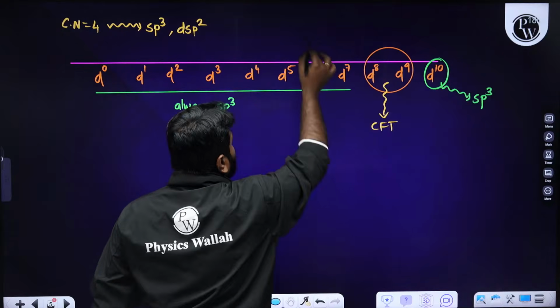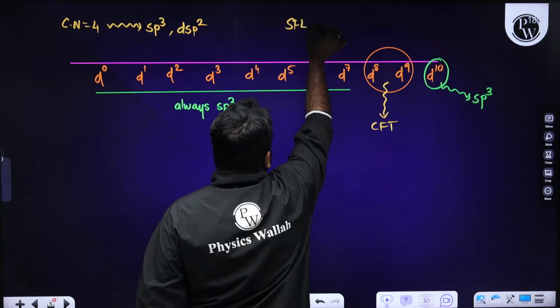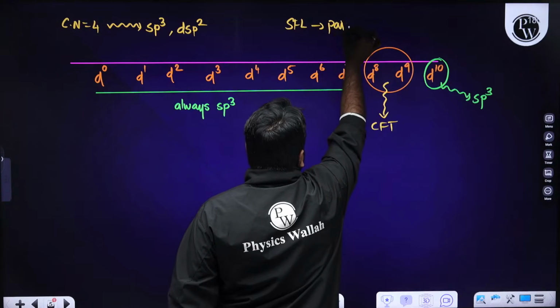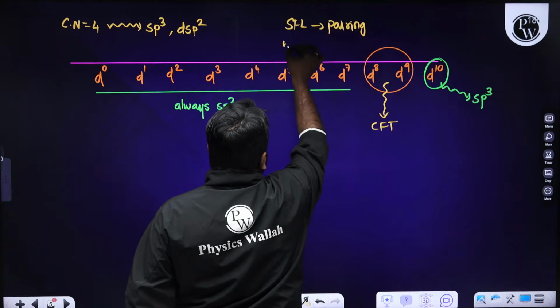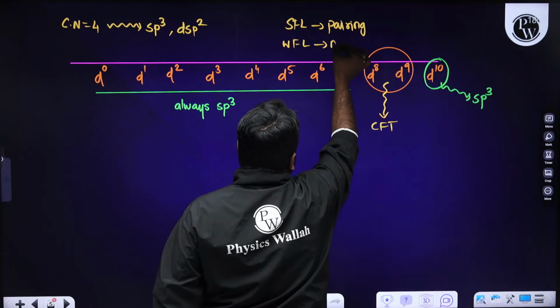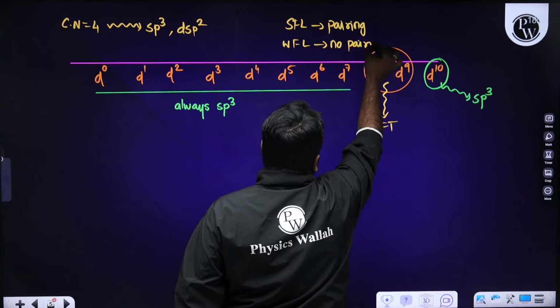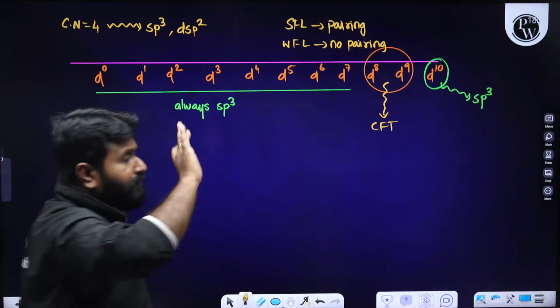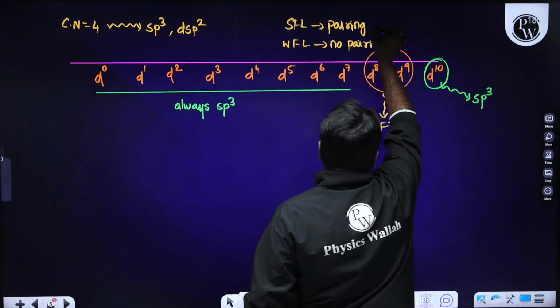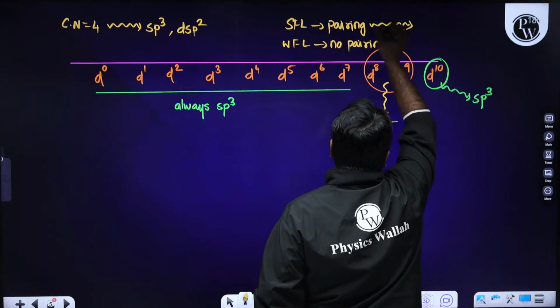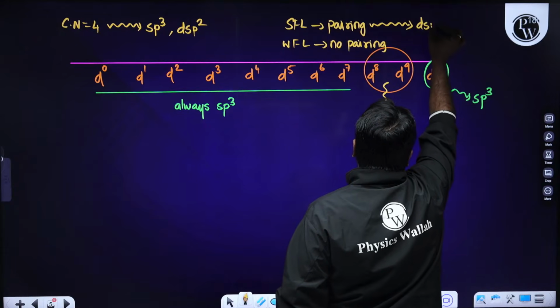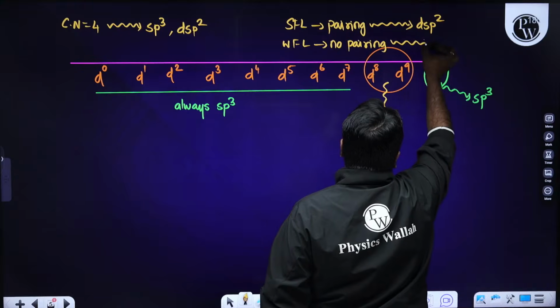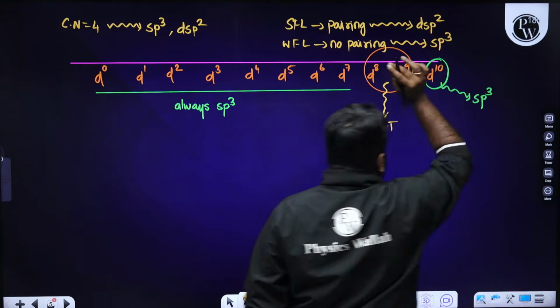As I just told, strong field ligand means pairing will happen. Weak field ligand means no pairing. In a strong field ligand, when pairing is happening, listen carefully, what will be the hybridization? dsp2. Weak field ligand means sp3.